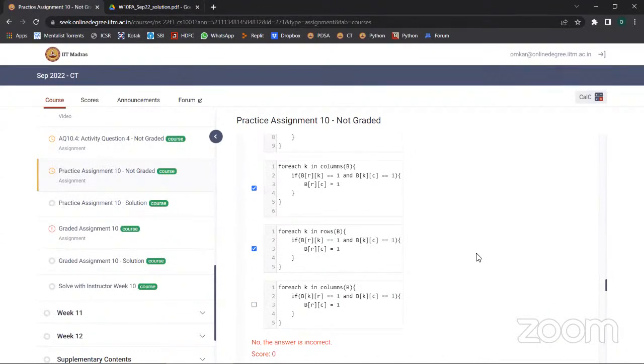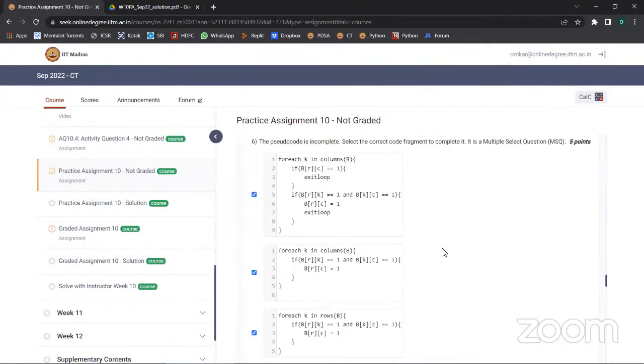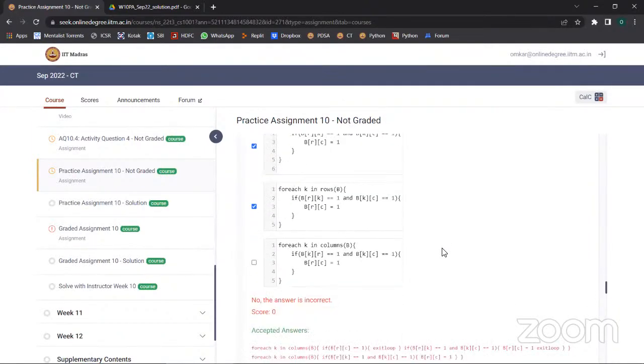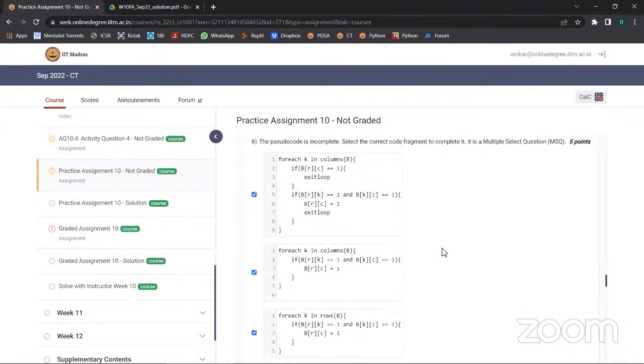But sir, I think there is a mistake in options. Okay. Why? Sir, look at the second line in the option. BRK is equal to 1 and we should actually use direct K to C is equal to 1. But they have given both hops matrix.